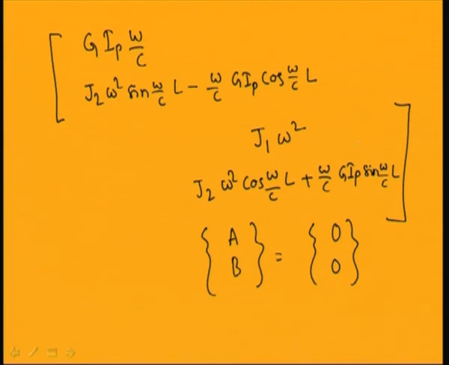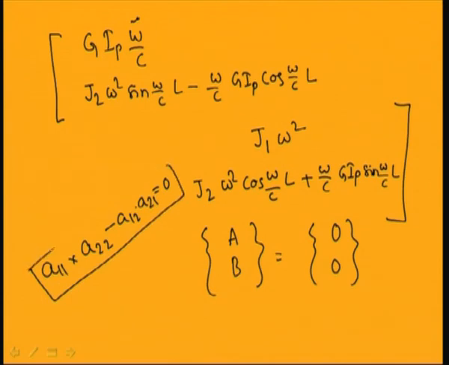So, you can find the determinant of this matrix: A11 into A22 minus A12 into A21, and make it equal to 0. This way you can find the determinant of the system, and by finding it you can write the final expression for this case in this way.